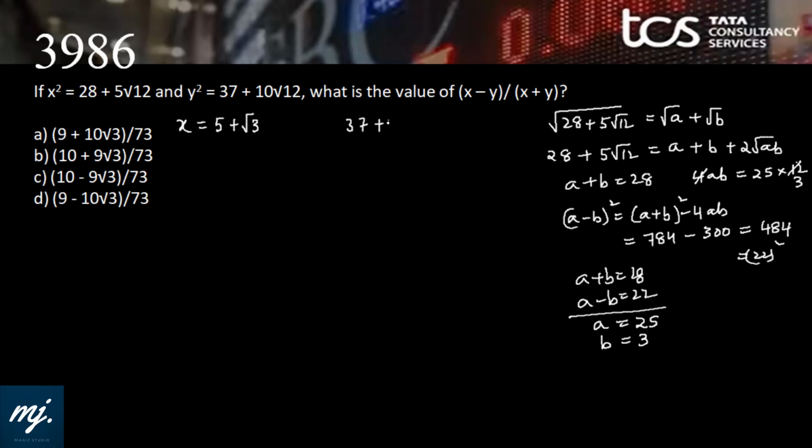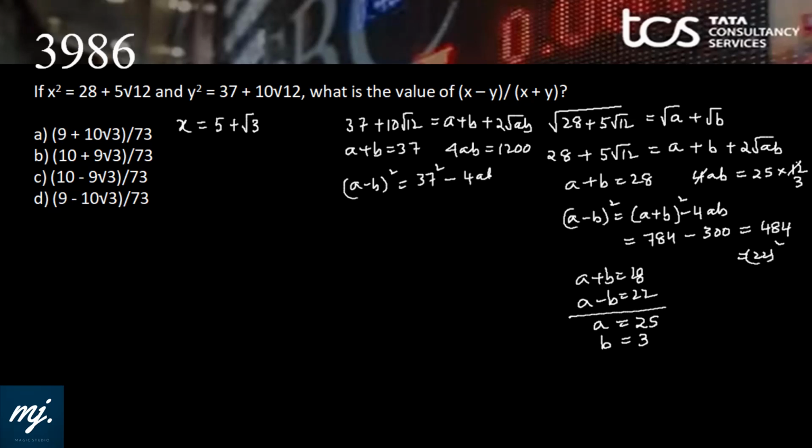So we have 37 plus 10 root 12 equals a plus b plus twice root ab. The same process we would be following. a plus b equals 37 and 4ab equals 100 into 12, that is 1200. a minus b whole square is a plus b whole square, that is 37 square, minus 4ab.